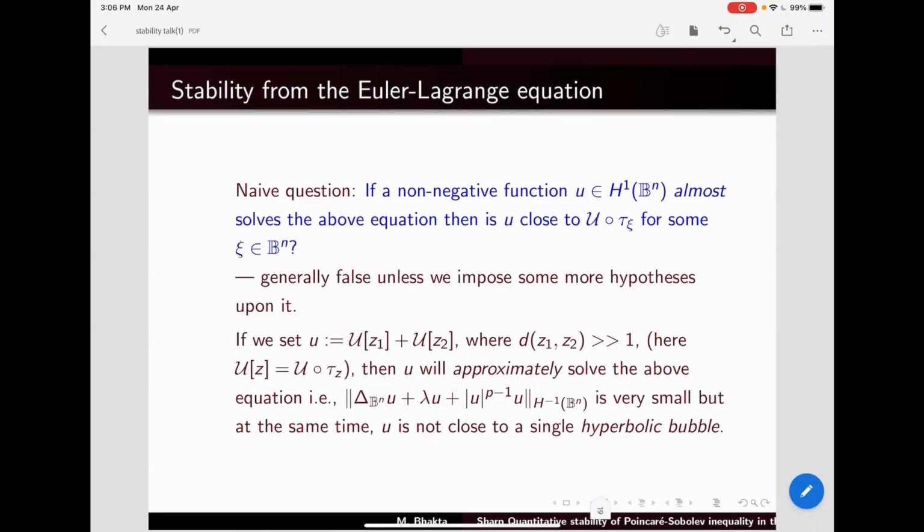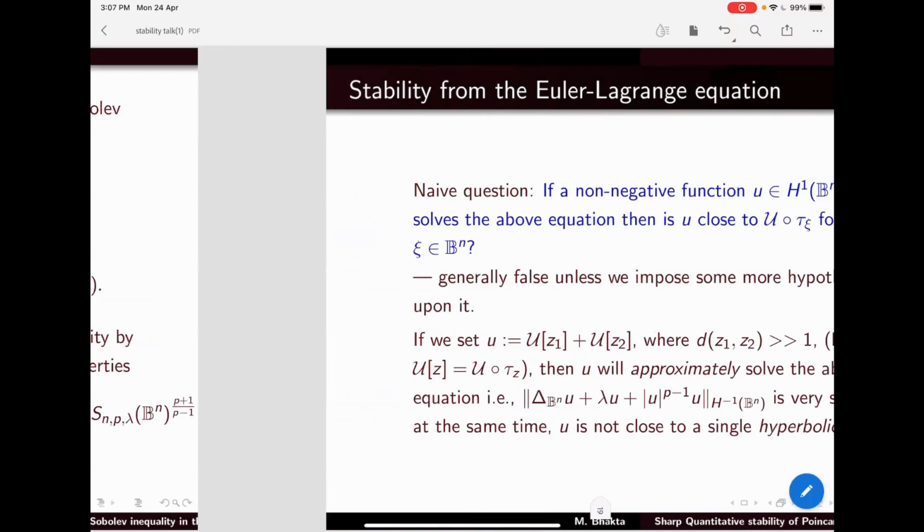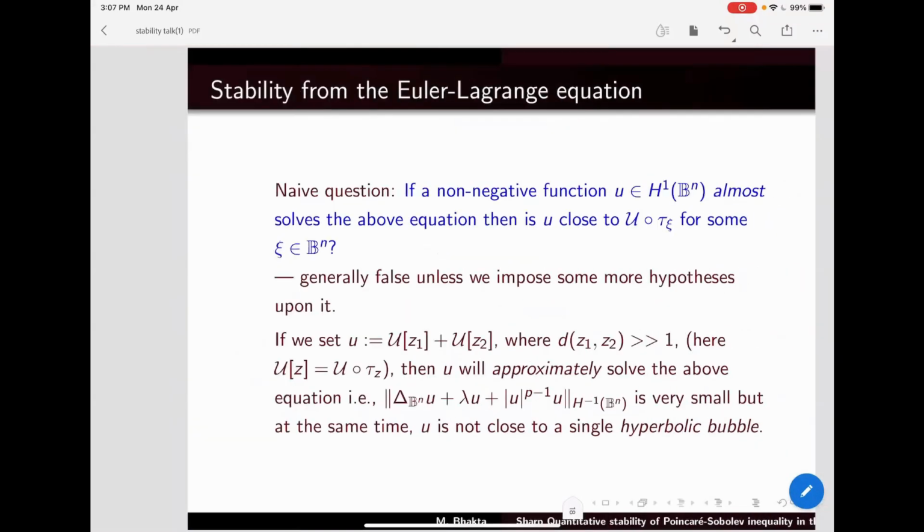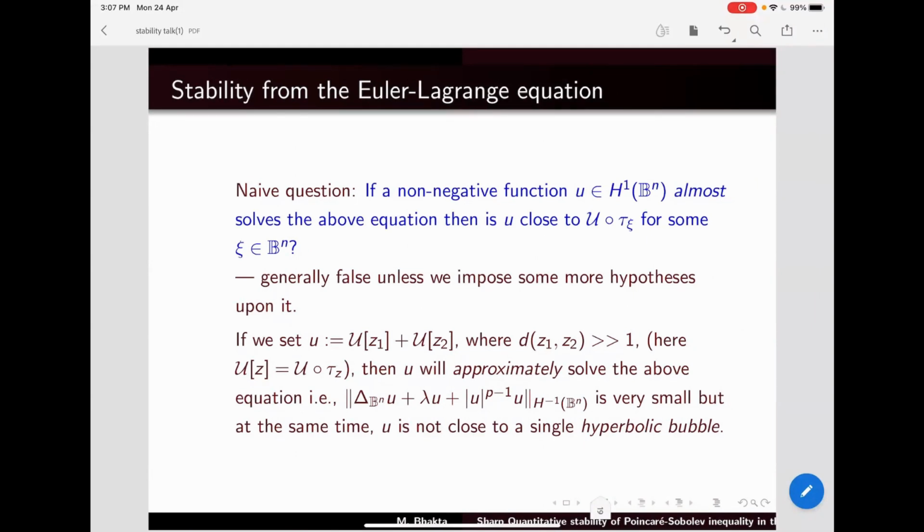So the question is, if a non-negative function U almost solves the above equation, is U close to an extremal function of the inequality, that is, U composed with tau xi for some xi? Because we know that this is the unique solution of this Poincare-Sobolev equation. So if a function almost solves the equation, is it close to this one?